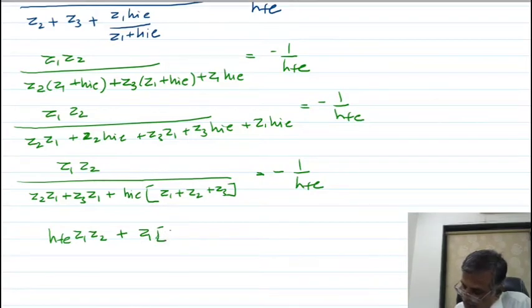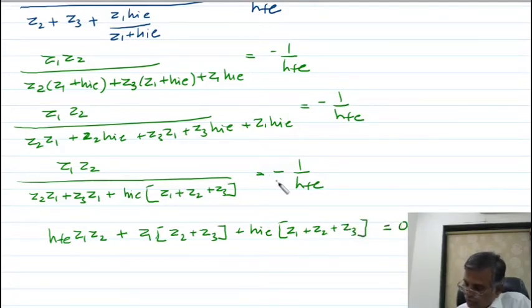So it is Z2 plus Z3 plus HIE into Z1 plus Z2 plus Z3 is equal to 0. Those who do not understand, I have taken this on this side, with minus sign I have shifted it here, so I will get this equation.